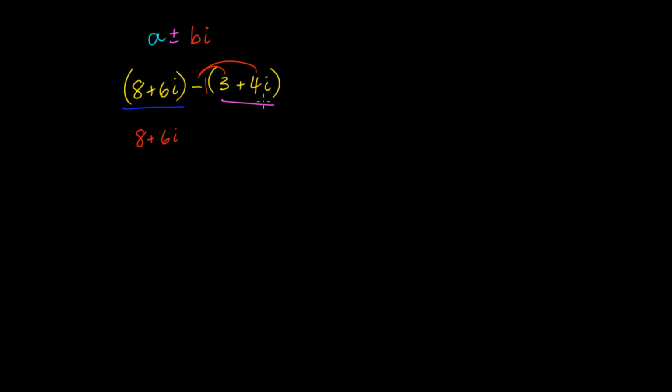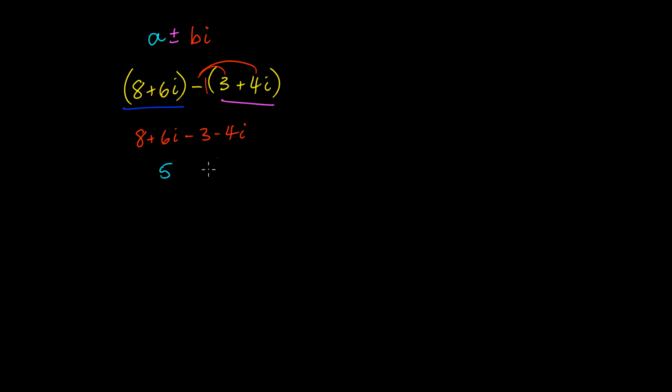And then this negative gets distributed to everything, so it's minus 3, and then -1 times 4i is minus 4i. And then we just treat these as if they were variables and constants, so we combine like terms. So the 8 and 3, the real components, combine. 8 minus 3, that's 5.